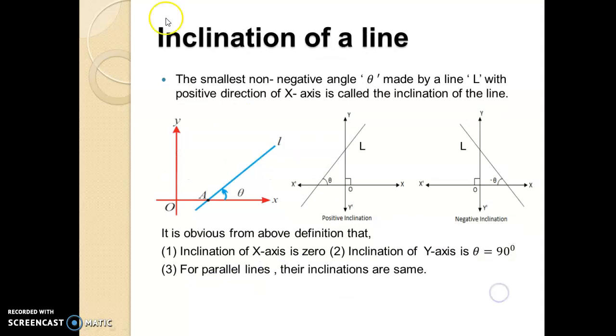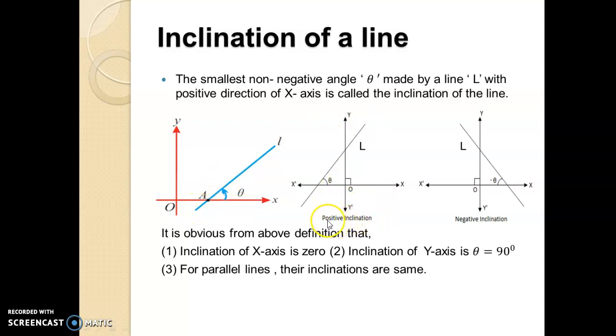Next, inclination of a line. So what is inclination? Inclination means the smallest non-negative angle theta made by a line L with the positive direction of the x-axis. Observe this diagram. So this is an inclination and this is a line.